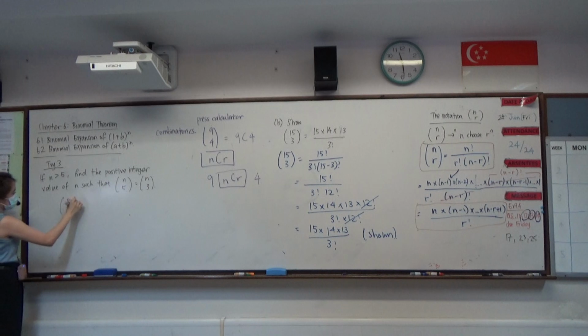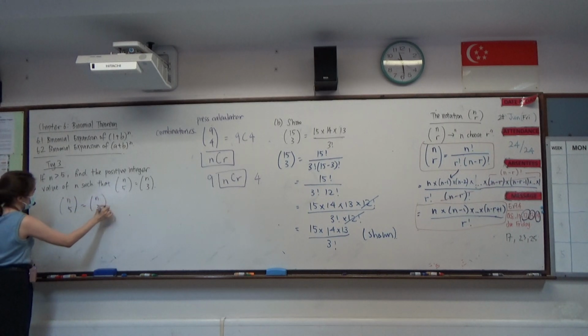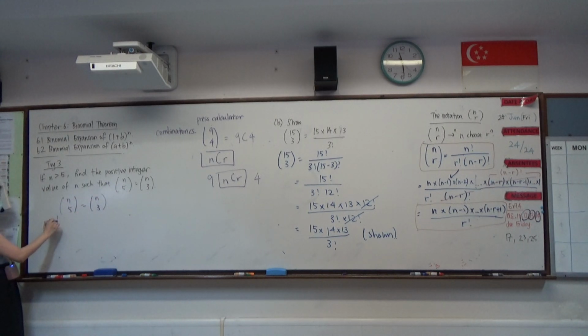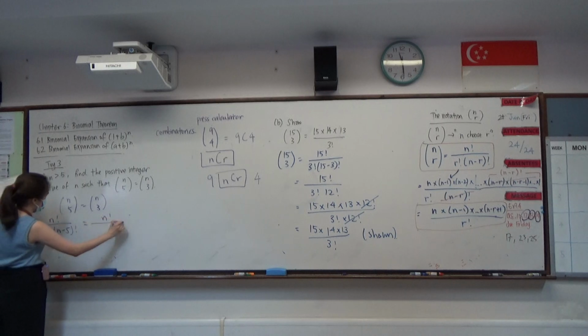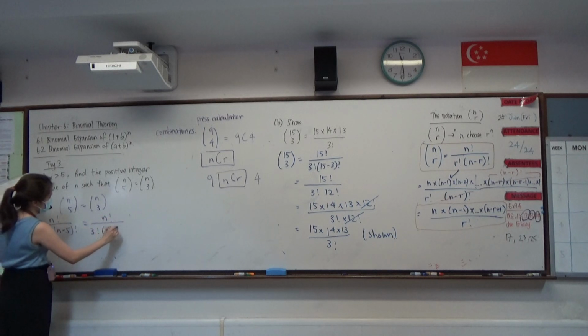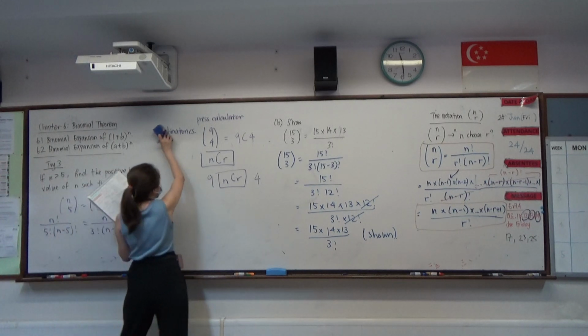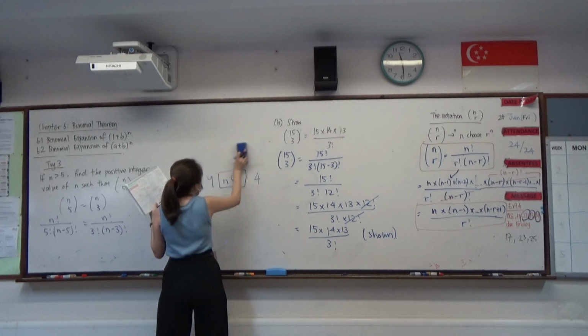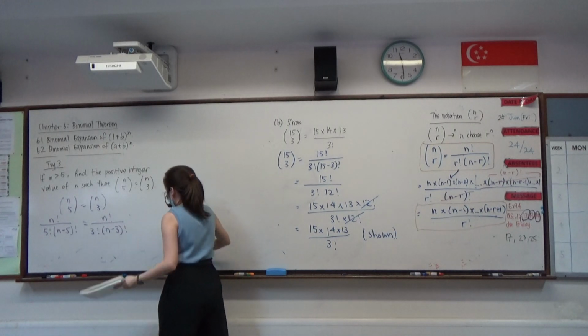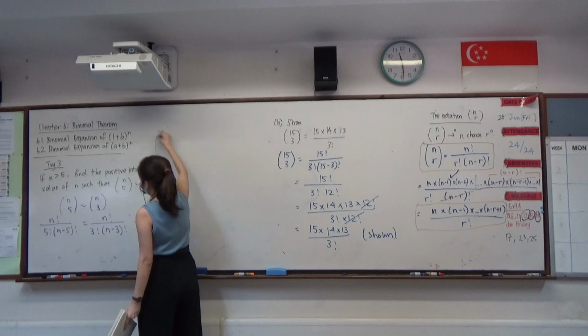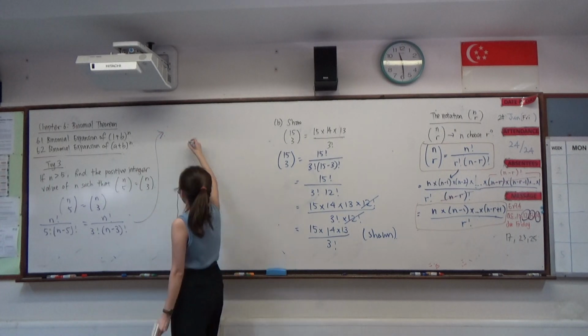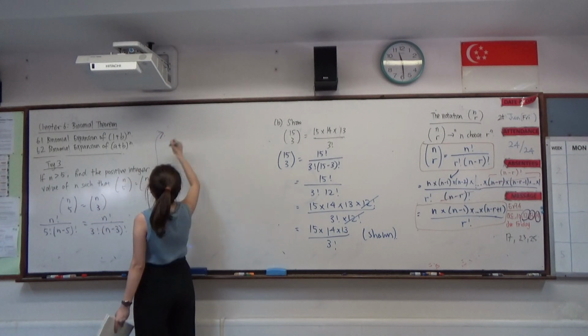So going back to this, in order to find the value of n, because we have n choose 5 equals n choose 3, using the definition, n factorial over 5 factorial times n minus 5 factorial equals n factorial over 3 factorial times n minus 3 factorial. We simplify it, and we can cancel n factorial on both sides.